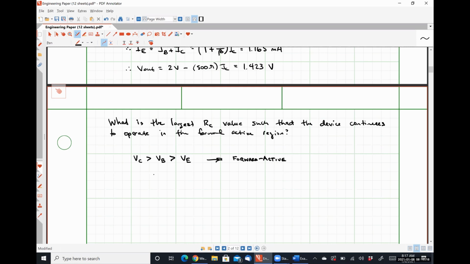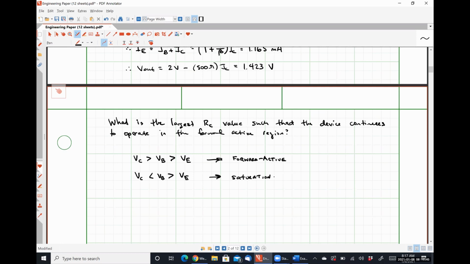And if VC is less than VB, which is greater than VE, we are operating in saturation. There were 2 other modes as well, but those 2 other modes depended on the PN junction between the base emitter junction being reverse bias, which literally cannot happen here because VB is greater than VE, right?